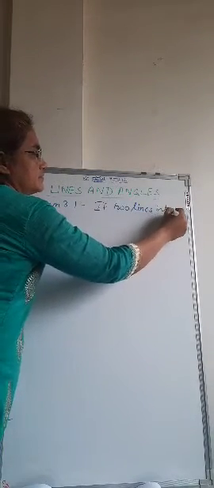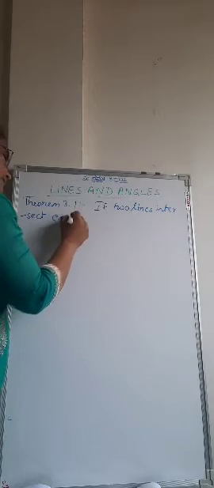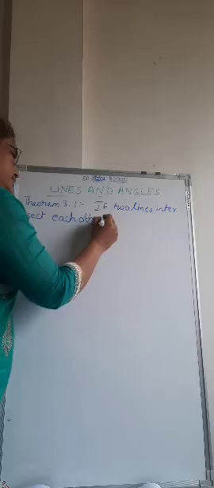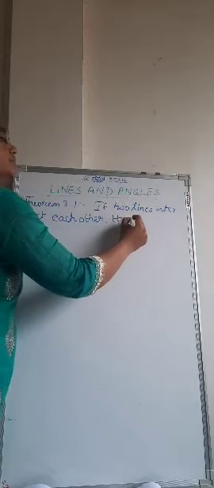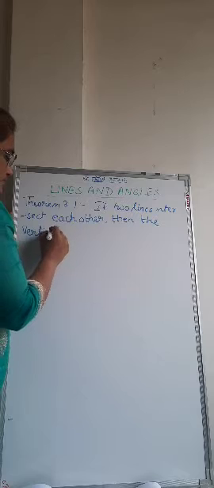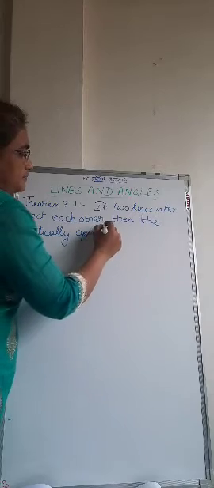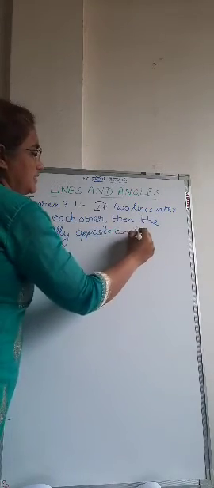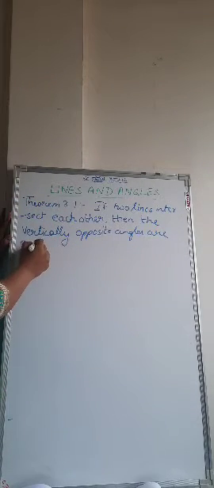If two lines intersect each other, then the vertically opposite angles are equal. Opposite angles are equal. This is the statement of the theorem.